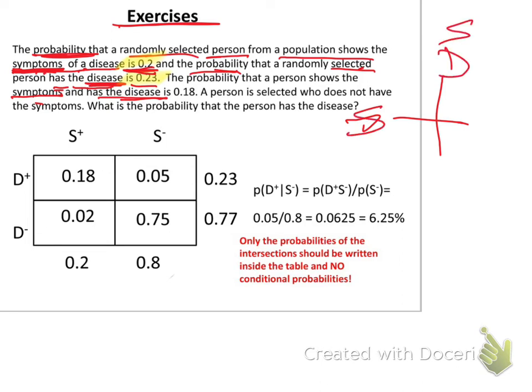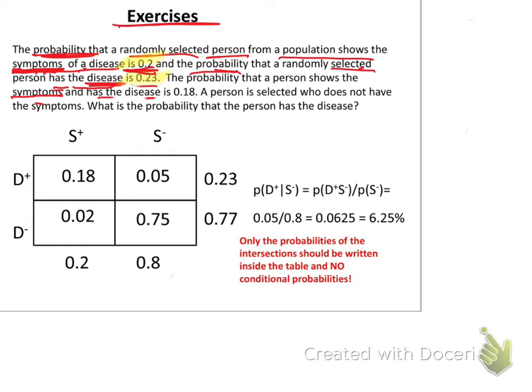The intersection between them is 0.18. Okay, this is what we are going to discuss in detail now. So the probability that the person shows symptom and has a disease is 0.18. This is one of the intersections between them.